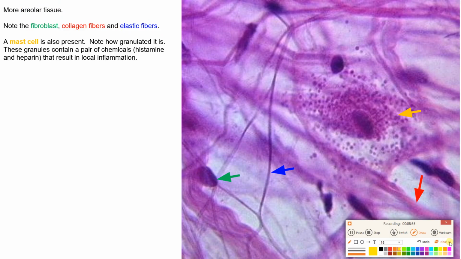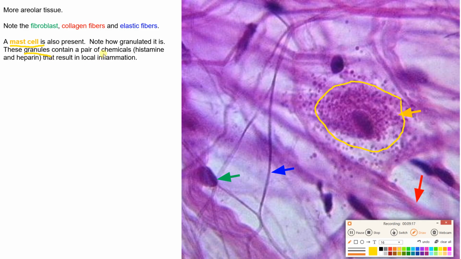I also, though, in this tissue picture, see another cell. This cell is called a mast cell. Notice how many little dots it has. Some of them have even spilled out. Those dots are granules.